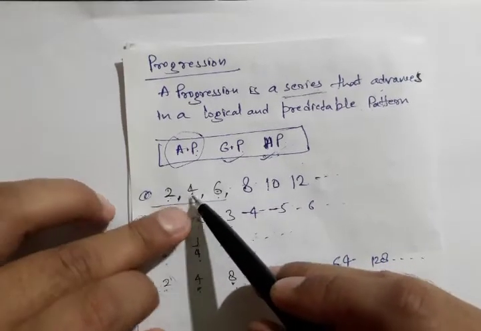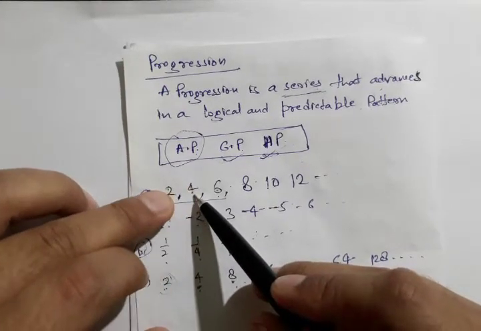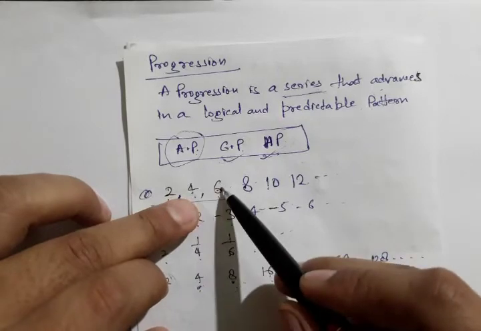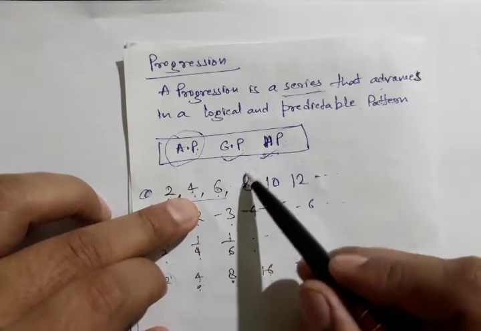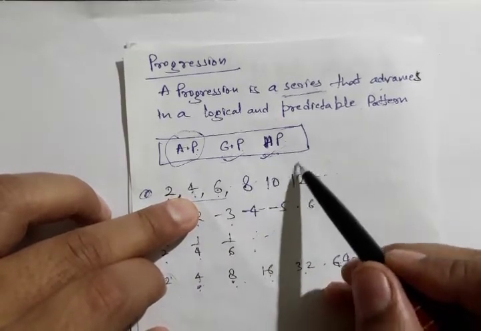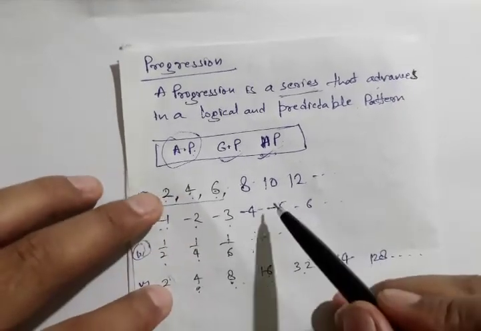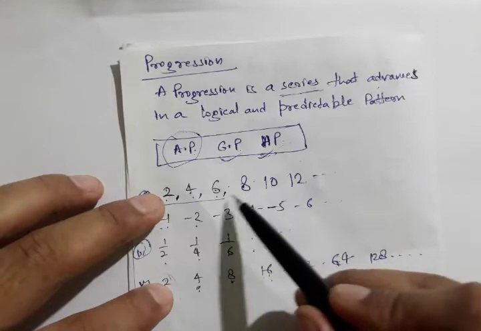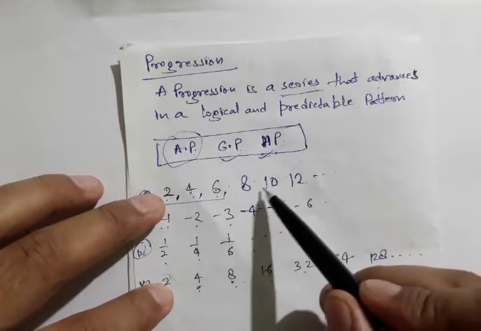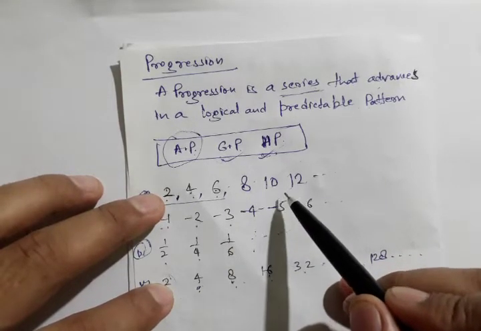Like here, 4 can be found by adding 2 to 2. If you add 2 to 4, you get 6, 6 plus 2 is 8, 8 plus 2 is 10, 10 plus 2 is 12, 12 plus 2 is 14, then 16, then 18, like this. Clear? So there is a logic behind this. A fixed pattern this series is following, so this is a progression.